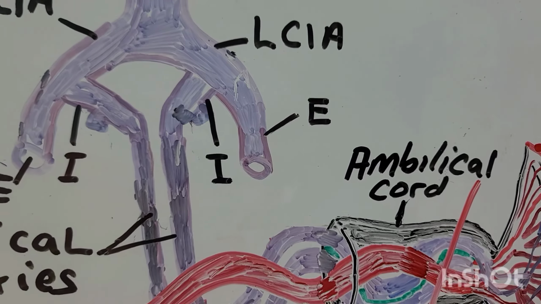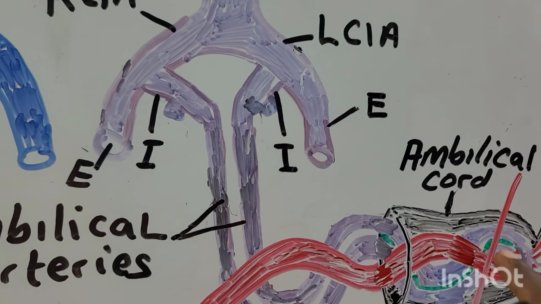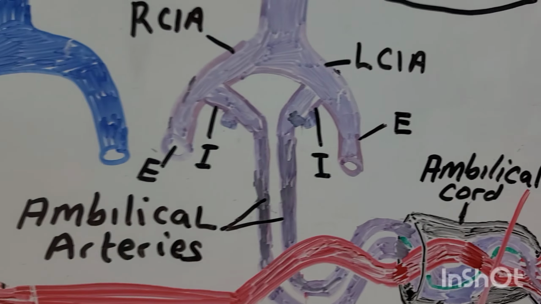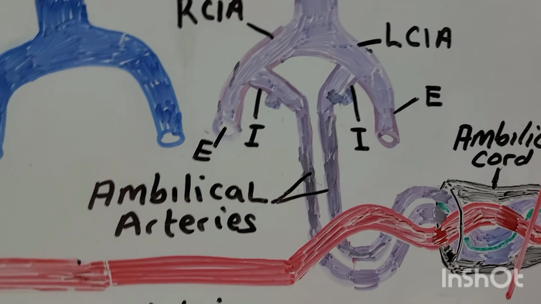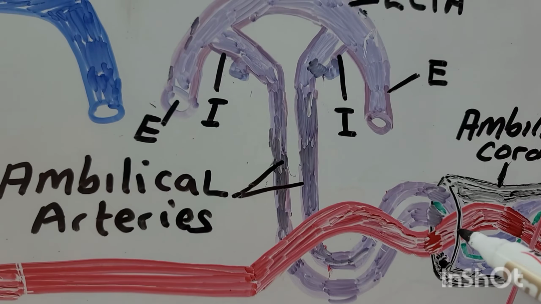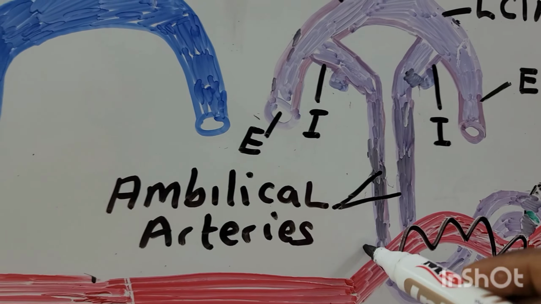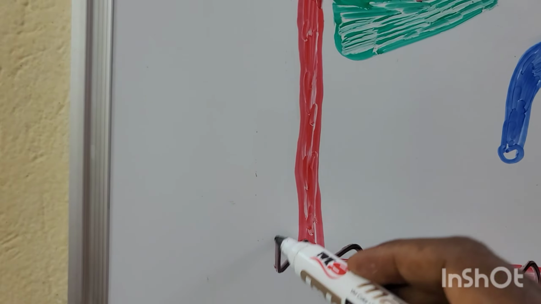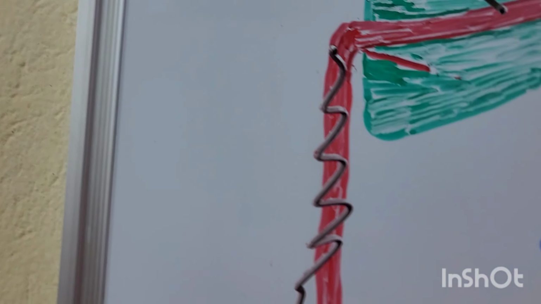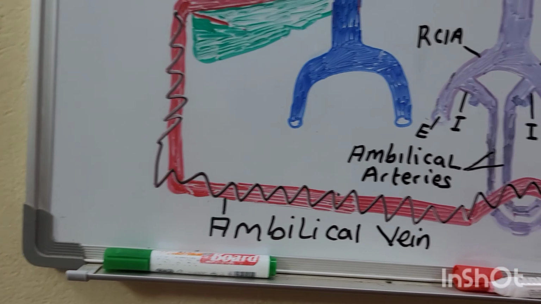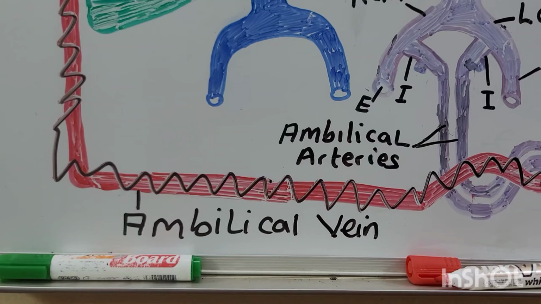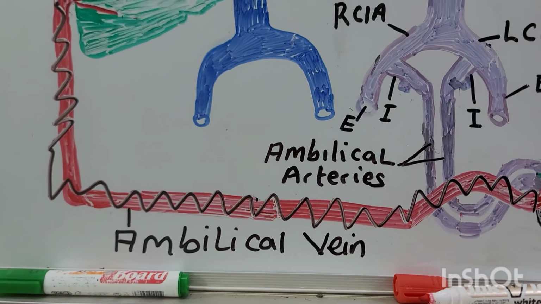Now, when we cut our umbilical cord, it means that we no longer need the umbilical vein, so it starts degenerating. It is going to become a fibrotic tissue, which we shall talk about later, and of course, it's going to be what we call the ligamentum teres.